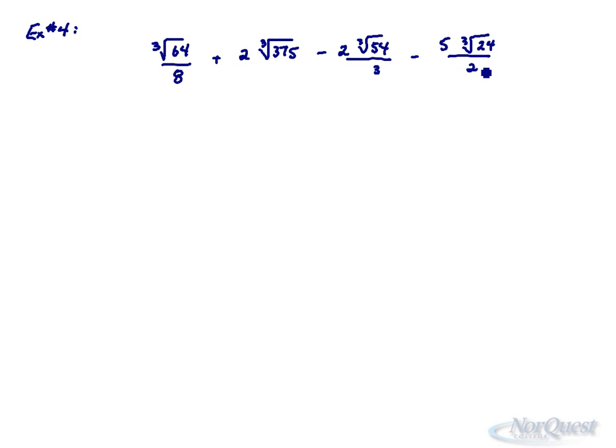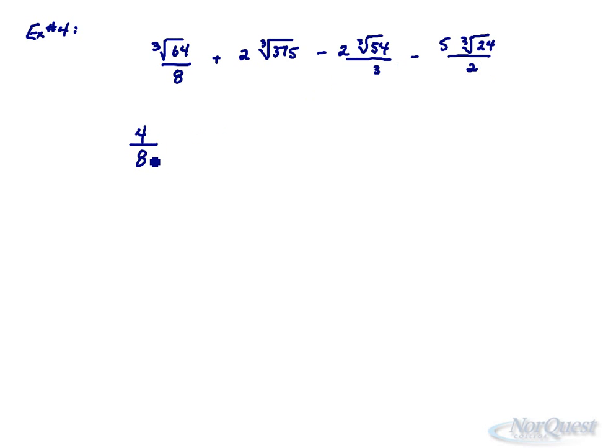Again, treat this the same way, but now we're looking for perfect cubes. Well, the cube root of 64 doesn't have to be simplified because 64 can be written as 4 times 4 times 4. So this can be really written as 4 over 8.